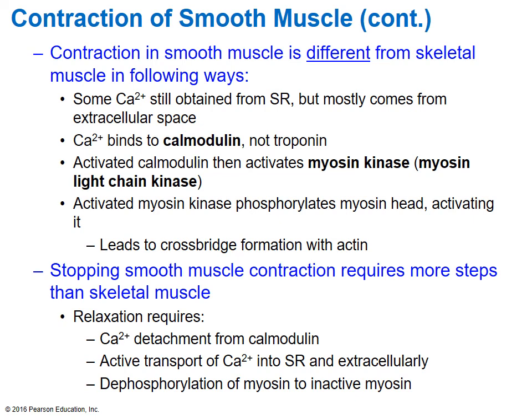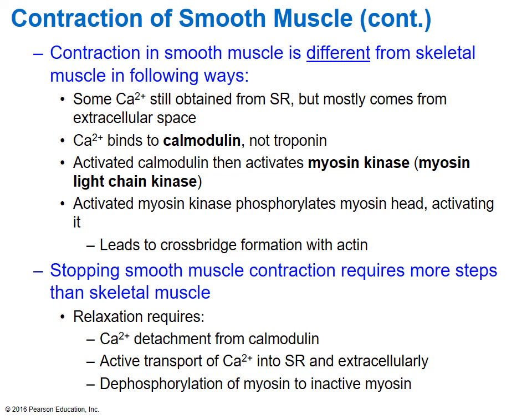Lastly, at the bottom of the slide, it discusses the fact that if you want to halt a contraction in smooth muscle, it usually requires a few additional steps compared to skeletal muscle. For instance, the calcium has to detach from the calmodulin. We also have to rely on active transport for the calcium to be pumped back into the sarcoplasmic reticulum and also out of the cell.